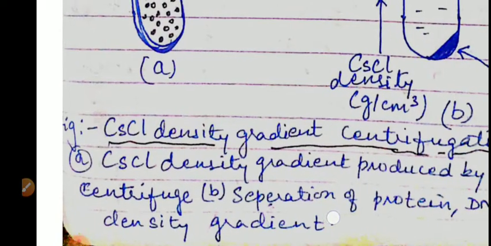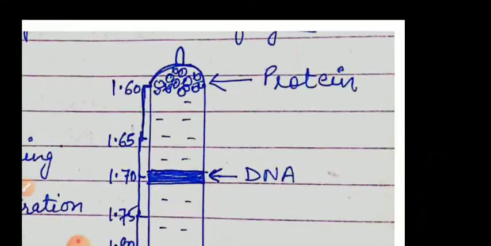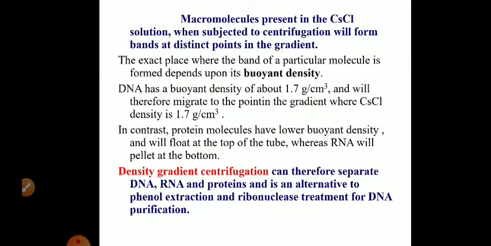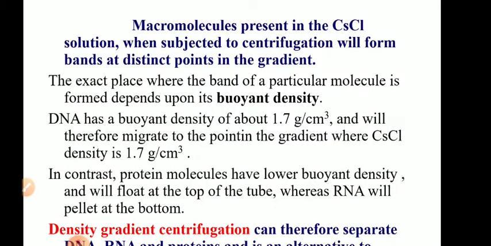The cesium chloride density gradient is produced by high speed centrifugation, and then macromolecules are put in this cesium chloride solution. Macromolecules present in this solution, when subjected to centrifugation, will form bands.